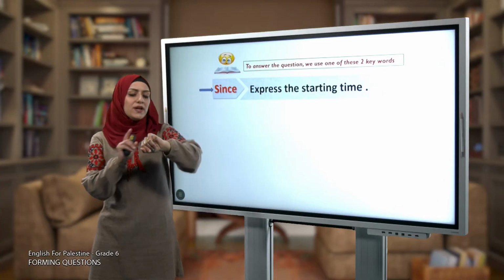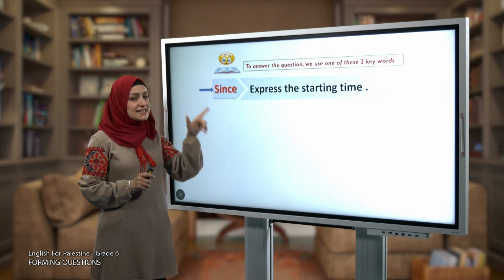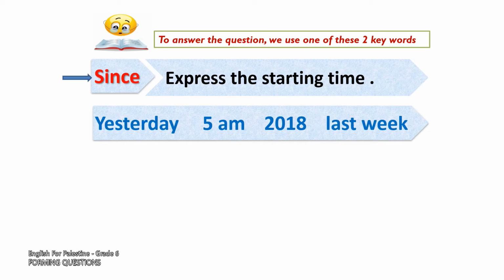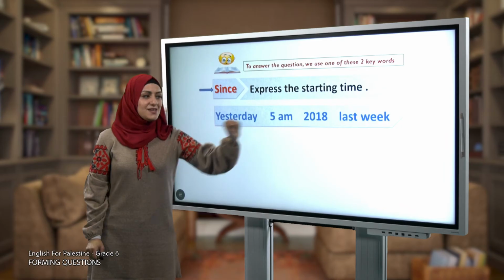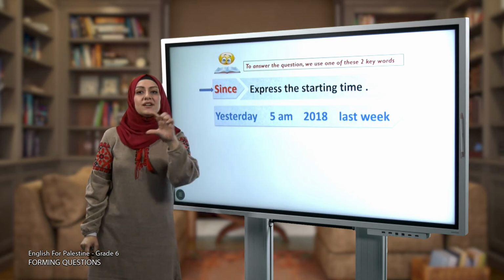If you know when the action started, you use since. Like since yesterday, since 5 a.m., since 2018 or any year, since last week. Notice that since shows us the starting of time.